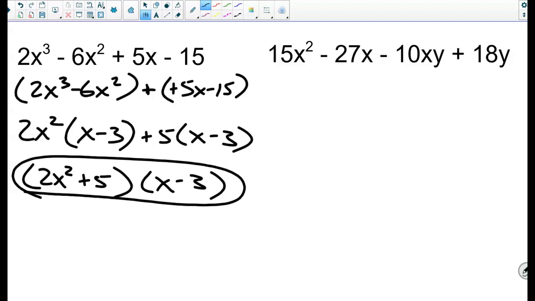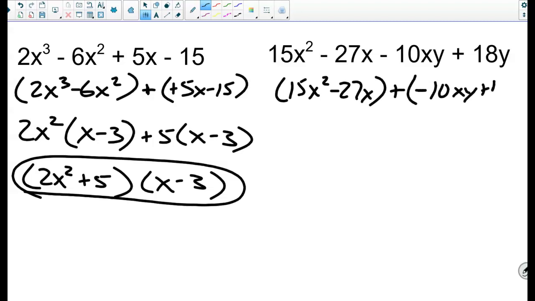Second one, same deal. I'm putting parentheses around my first two terms, plus, and then parentheses around my last two terms. And I'm keeping that middle sign with the third term. When I pull a GCF out, 3x comes out of here, 5x minus 9.